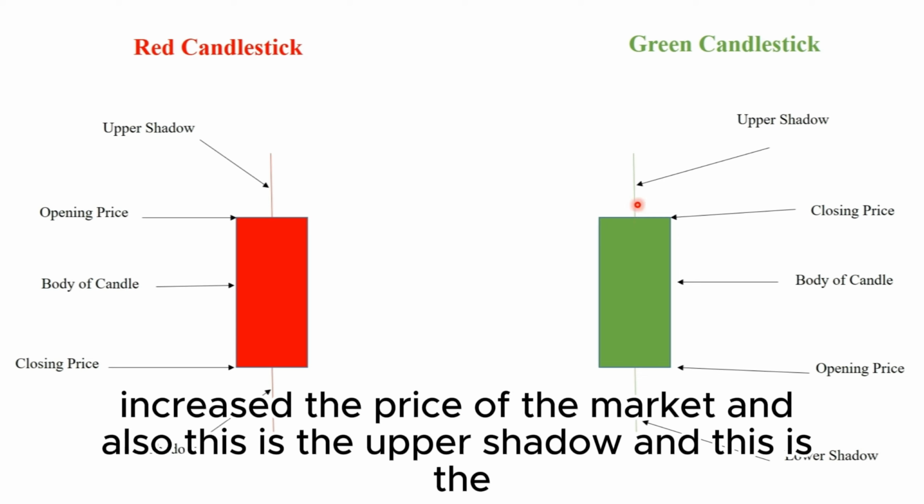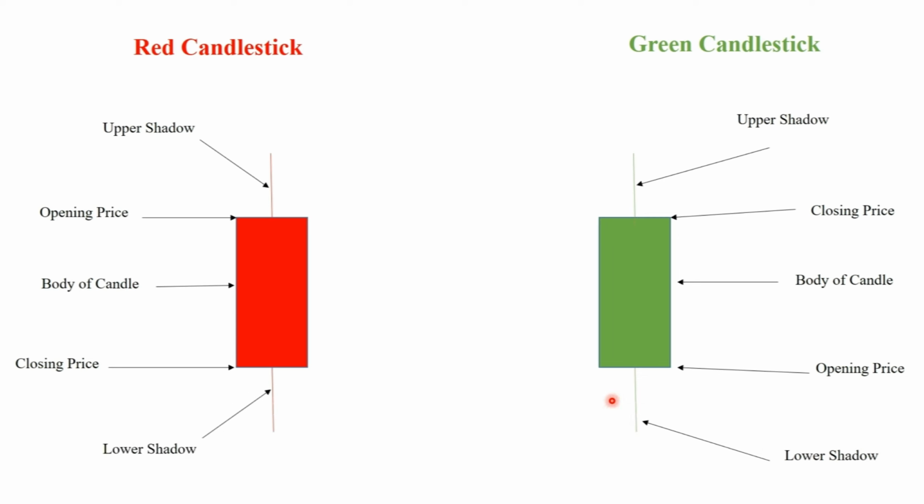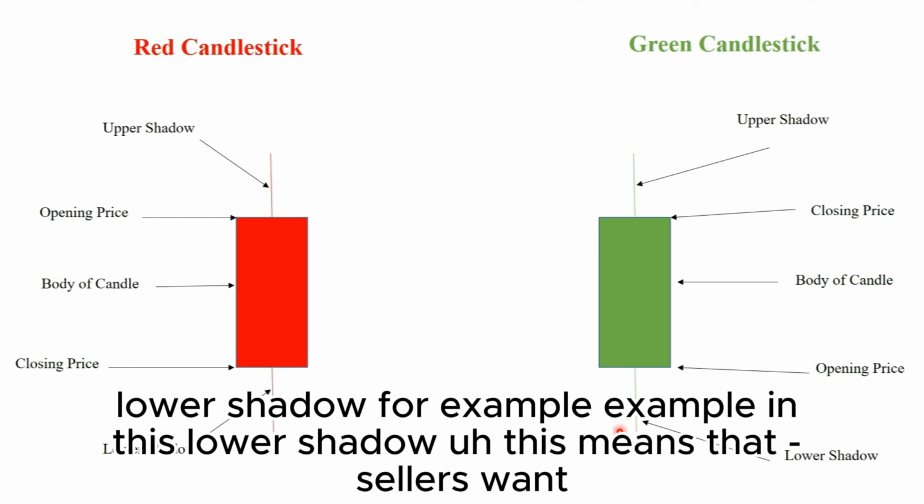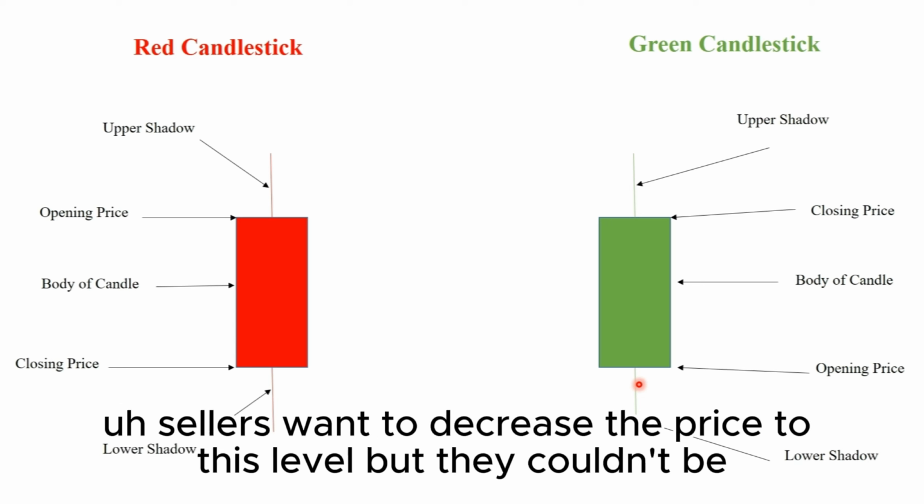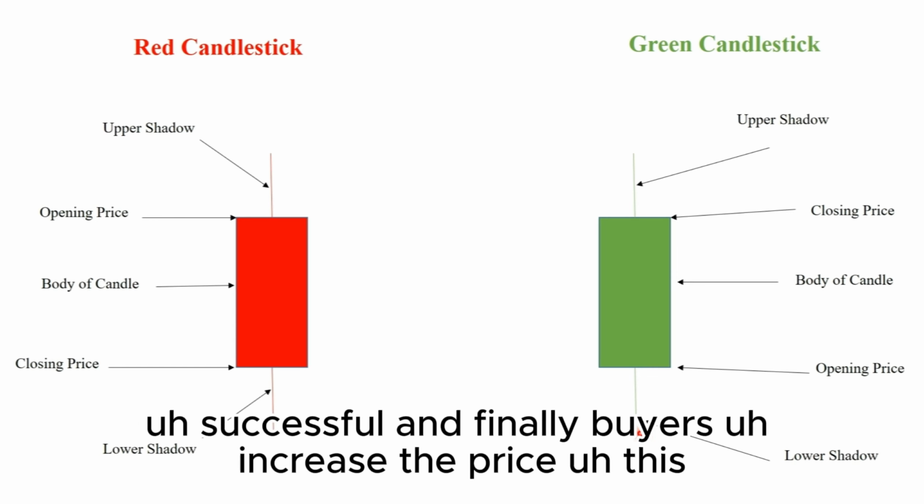This is the upper shadow, and this is the lower shadow. For example, this lower shadow means that sellers wanted to decrease the price to this level, but they couldn't be successful, and finally buyers increased the price.